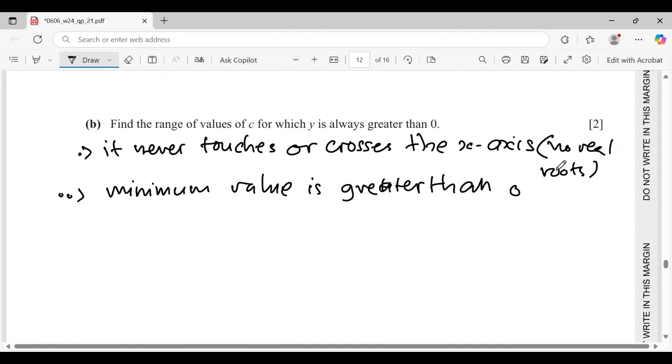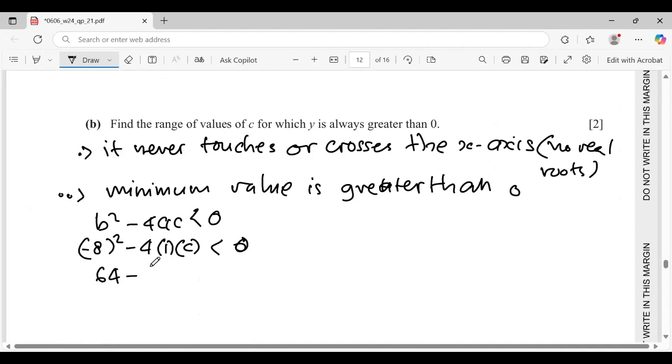And after that, for this quadratic equation to have no real roots, it means the discriminant b squared minus 4ac is less than 0. So if we substitute b equal minus 8, a equal 1, and times c less than 0, it's going to be 64 minus 4c less than 0.